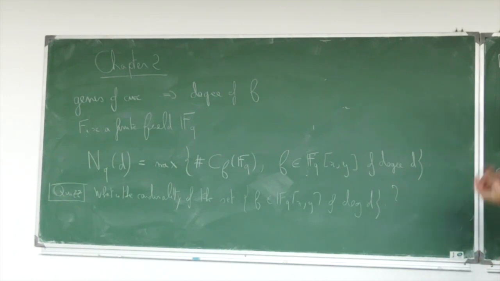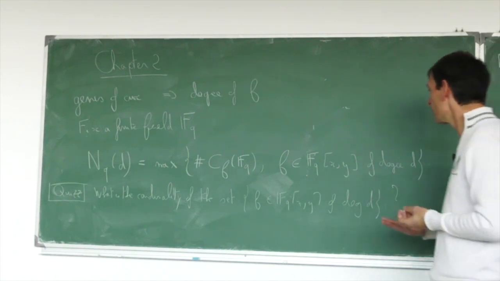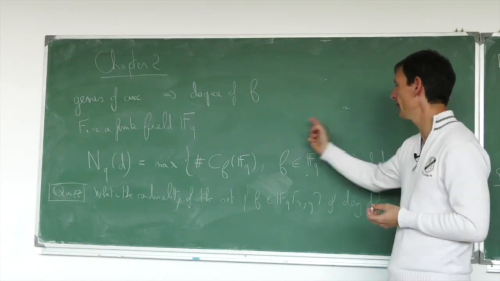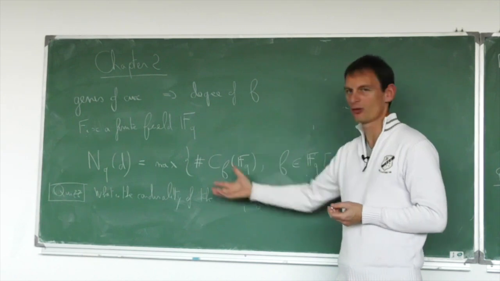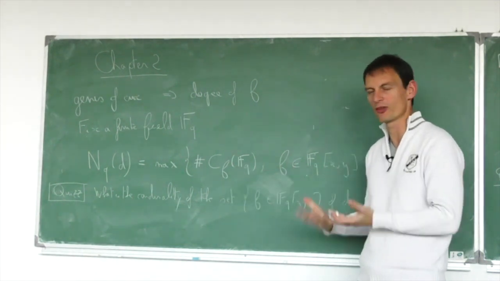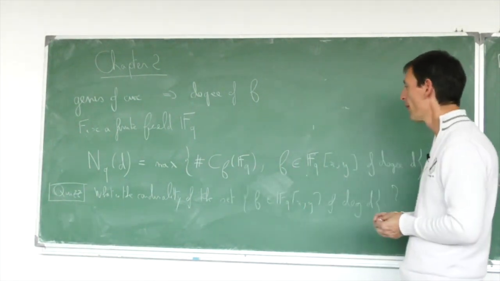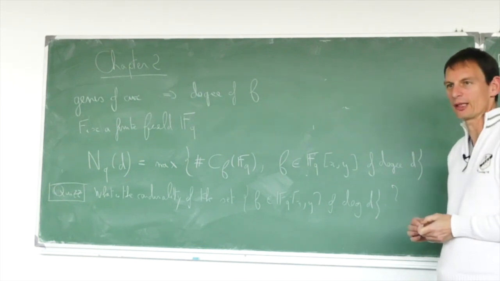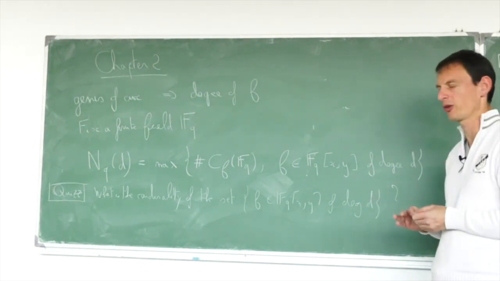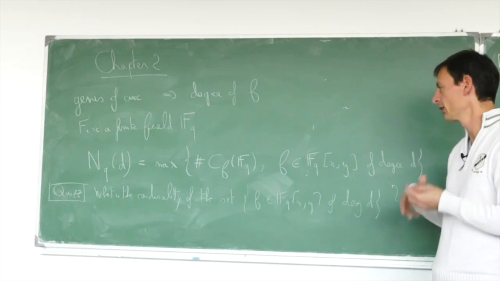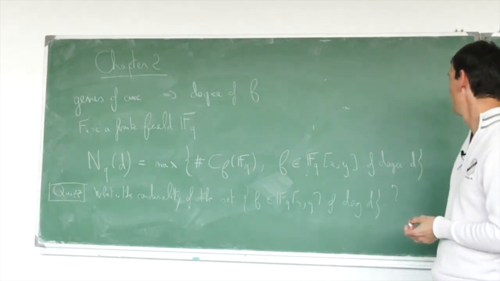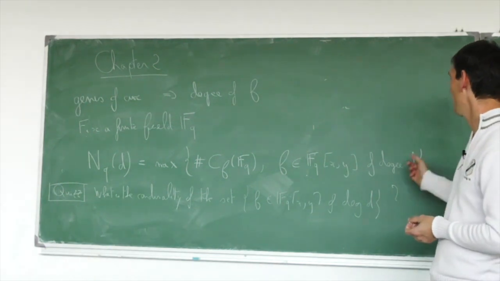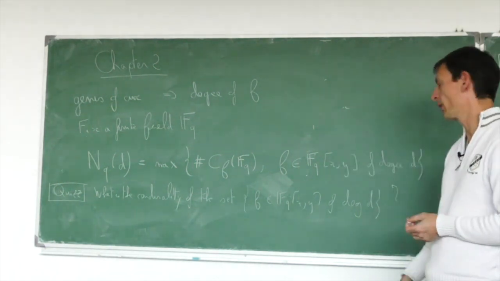So it's hopeless at some point to try to solve this problem by just enumerating all f and computing this number of points. At some point, this is going to stop. There is a finite power of computation right now. Even if you use all the power available on Earth, you're not going to solve it as soon as, let's say, d is 10 and q is 100.